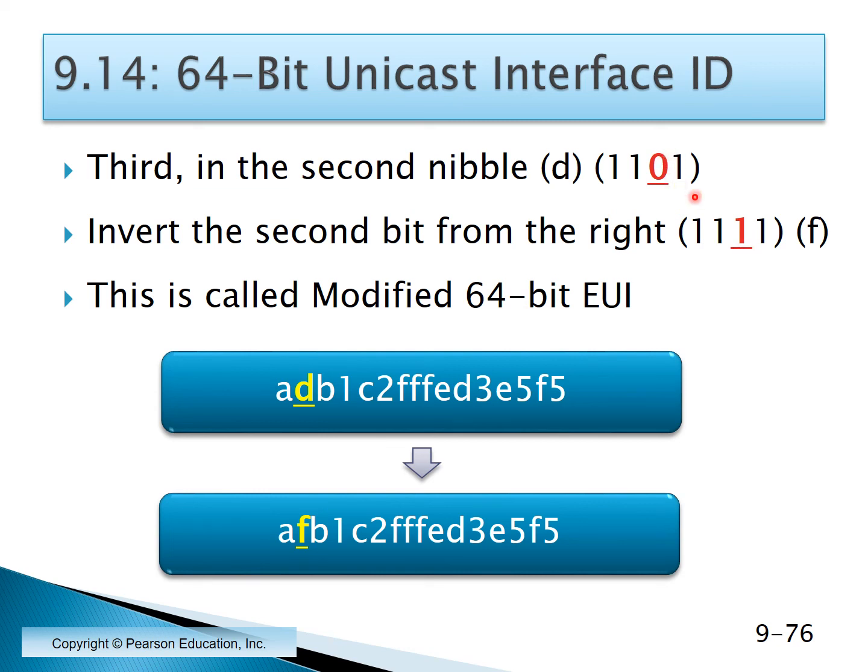If it is 1, you flip it to 0. Then you change it back to hexadecimal notation. In this case, it will become F. So this is called a modified 64-bit EUI. Again, that's because of the design of IPv6, that's what is needed. So you flip this bit, and this becomes the second part of your IPv6 address.